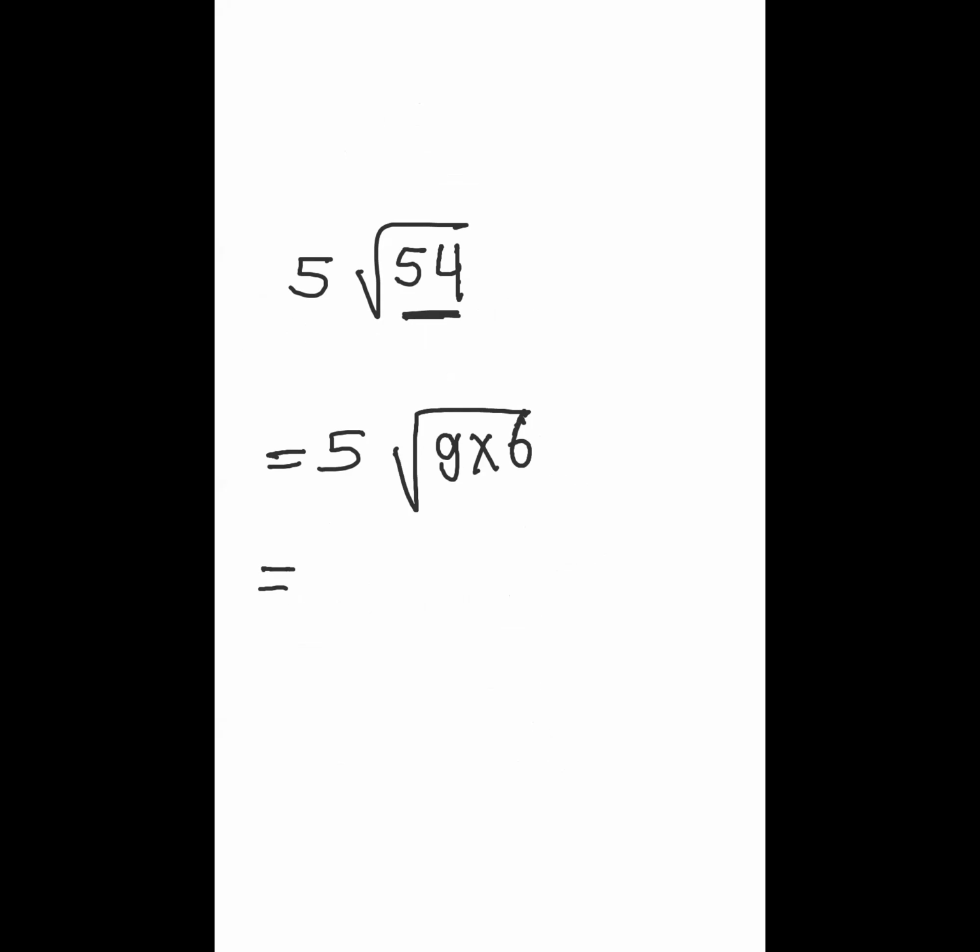So here the square root of 9 will equal 3, so 3 times 5, which is already outside here, so 15 square root of 6. Okay, clear, guys? Yeah, clear. Okay, very good.